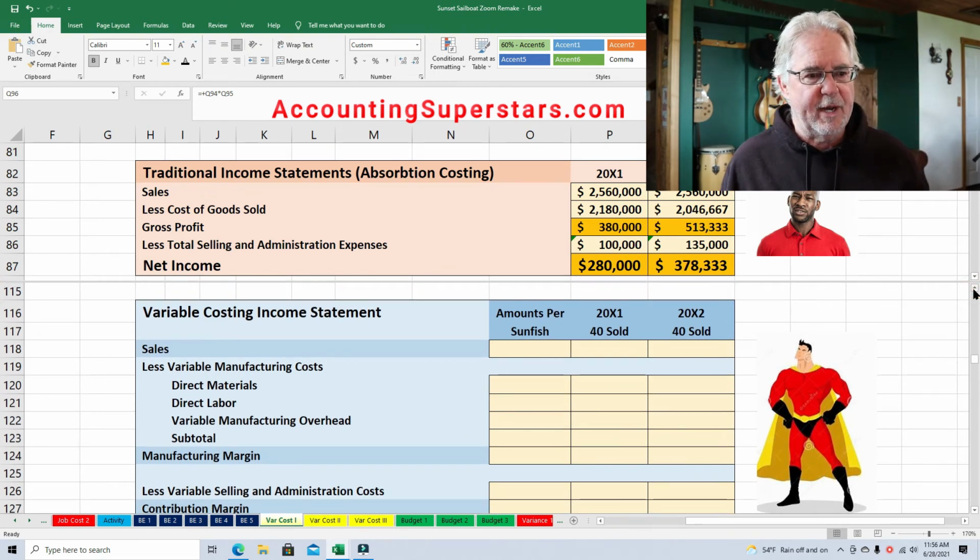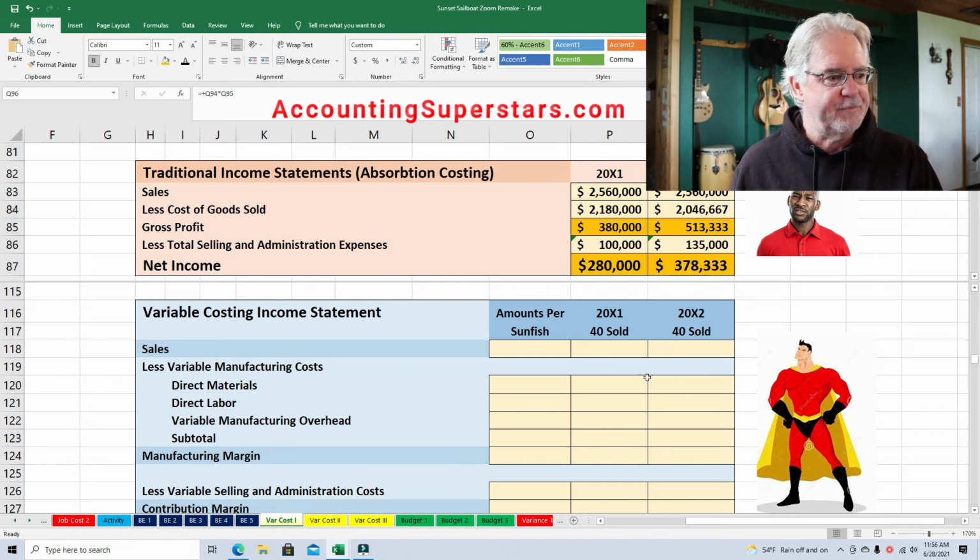We're going to expense all of the variable costs just like before, and we're going to expense them based on the number of boats sold just like before. And we are going to expense all the fixed costs no matter what. We don't care if it goes into ending inventory or not. If it's a fixed cost, it's getting expensed. We don't care. And that's all there is to it.